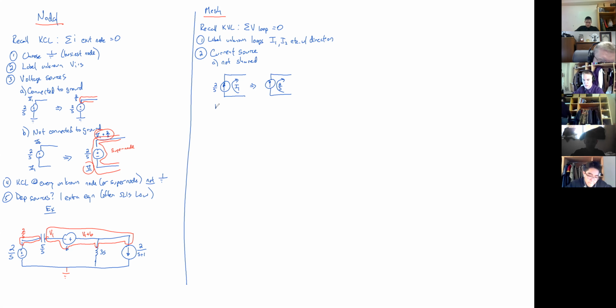On the other hand, if it's shared, that's when you need to use, well, there's a couple of ways to do it. The simplest way, the way I believe you've been told, is with the super mesh.